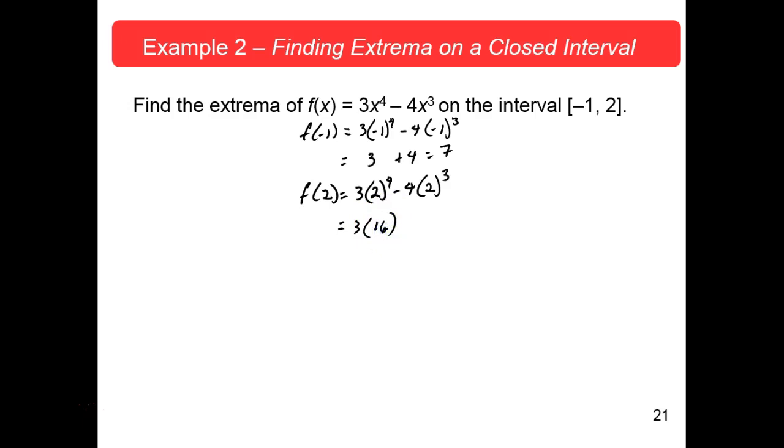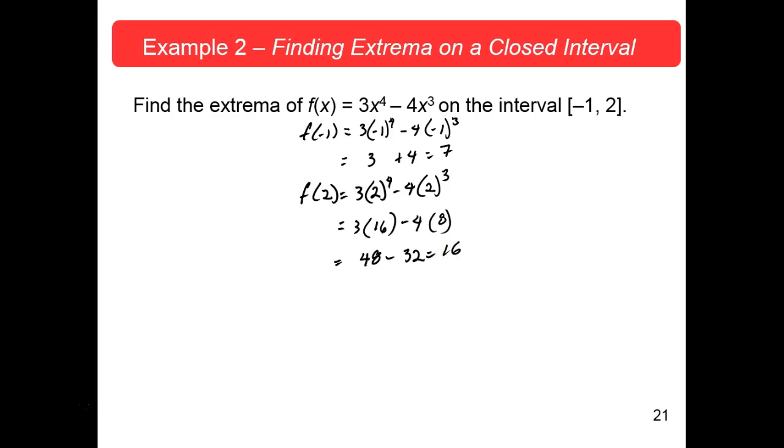May not be the best way to do it. It's 2 squared times 2 squared. What's 2 squared? 4 times 4 is 16. Okay? Minus 4 times, what's 2 cubed? 8. Okay? So what is 3 times 16? 48 minus 4 times 8, 32. And that's equal to 16. All right. So we got our 2 endpoints.